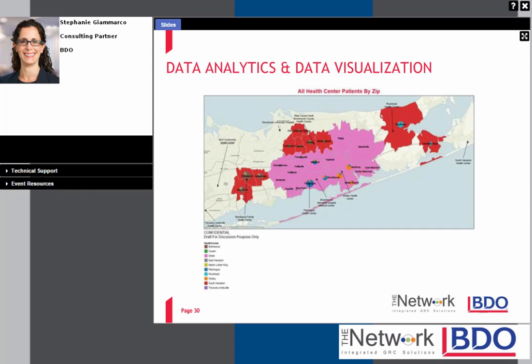Another important area is geography. And there's a lot of mapping that we use for purposes of our analytics. So this is an example, a map. You can see that there are pink areas, and this was done by zip code. You could do it by state, by country, whatever regions you're interested in, but we did this by zip code.